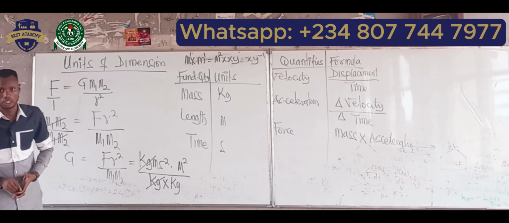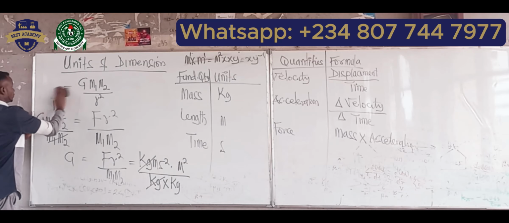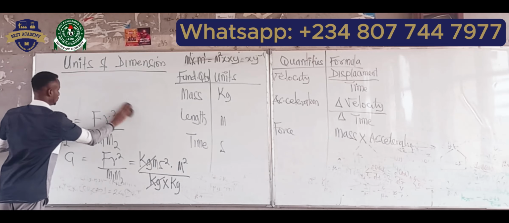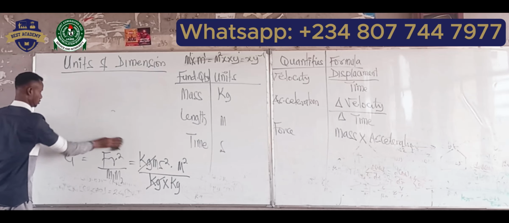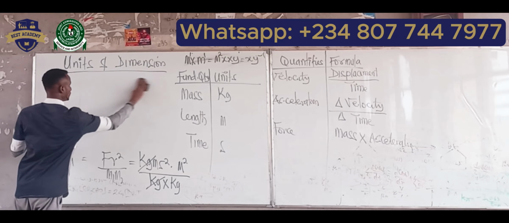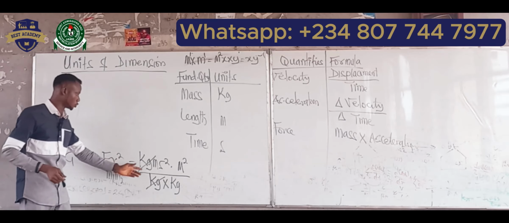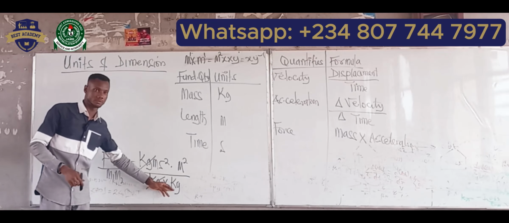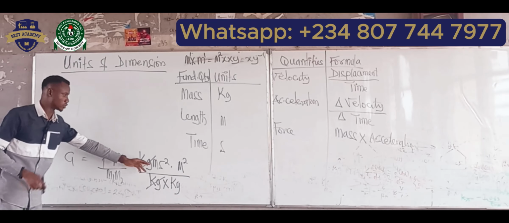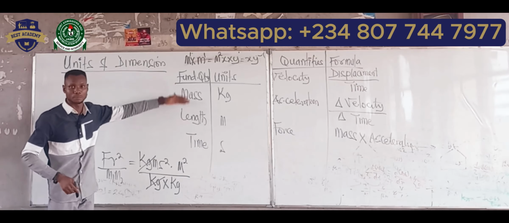So let's try to evaluate this. So, okay, at this point we have G to be equal to meter per second squared times meter squared over kg. Of course, it's not arranged perfectly here.